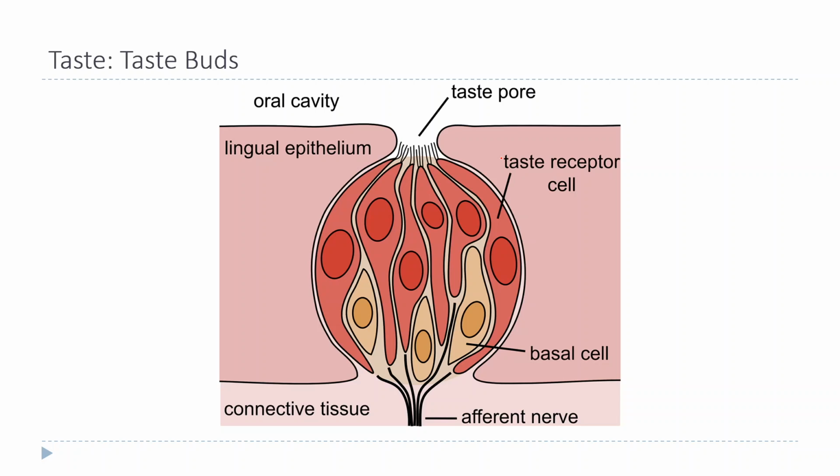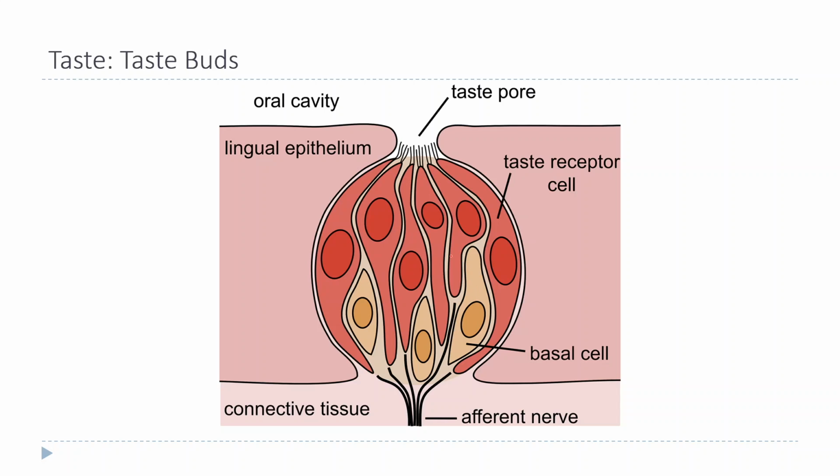The gaps in that lingual epithelium form the taste pores. The taste receptors have tiny cilia that stick up into the taste pore, which is where some of the taste receptor proteins are found. And then the taste receptor cells take up this whole area. We'll come back to that in a minute.